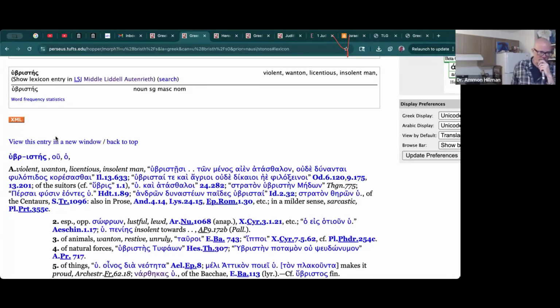That person with prudence, right? That person who has the frein, who is engaging the frein, is not lustful or lewd or insolent or rapey.